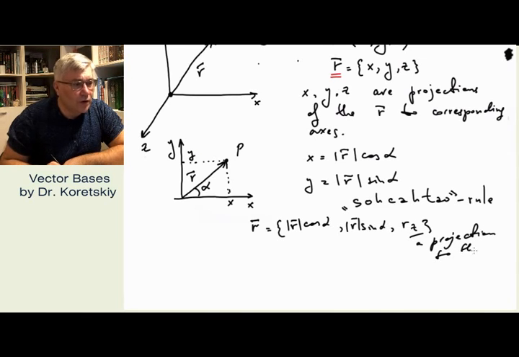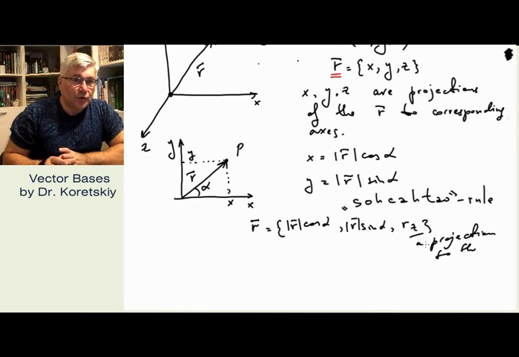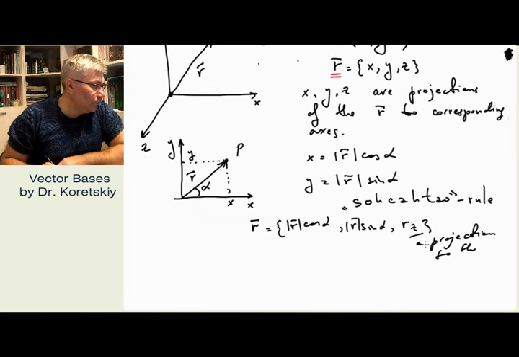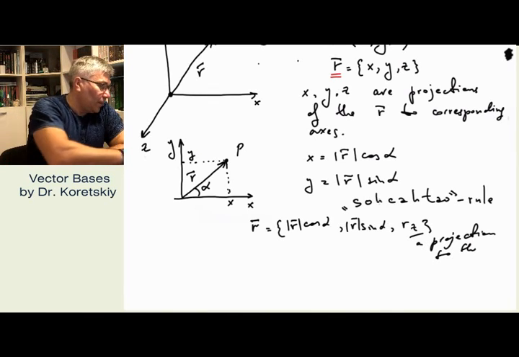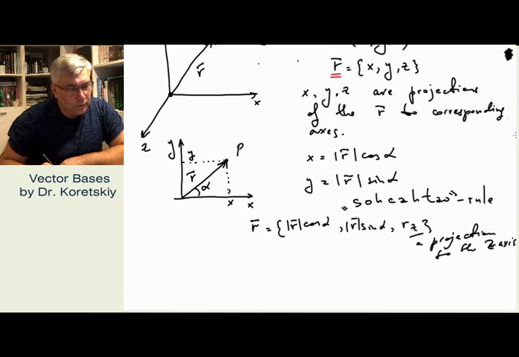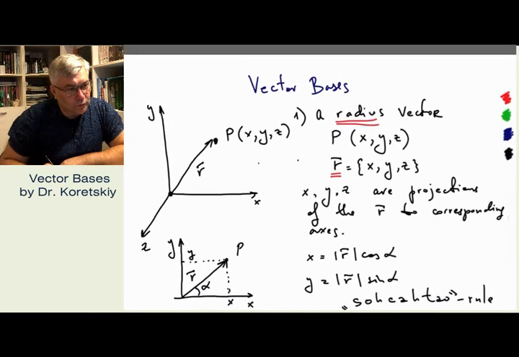It is z or rz, it's your choice. Anyway, rz is the projection to the axis z, to the z axis.